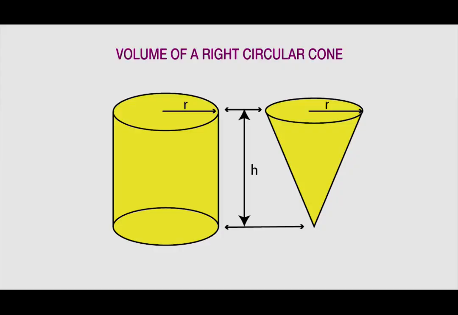Consider a right circular cylinder and a right circular cone of the same base radius and the same height. We will illustrate this in the diagram. So we have a cylinder and a cone. They have the same base radius and the same height. Let's go through these activities.